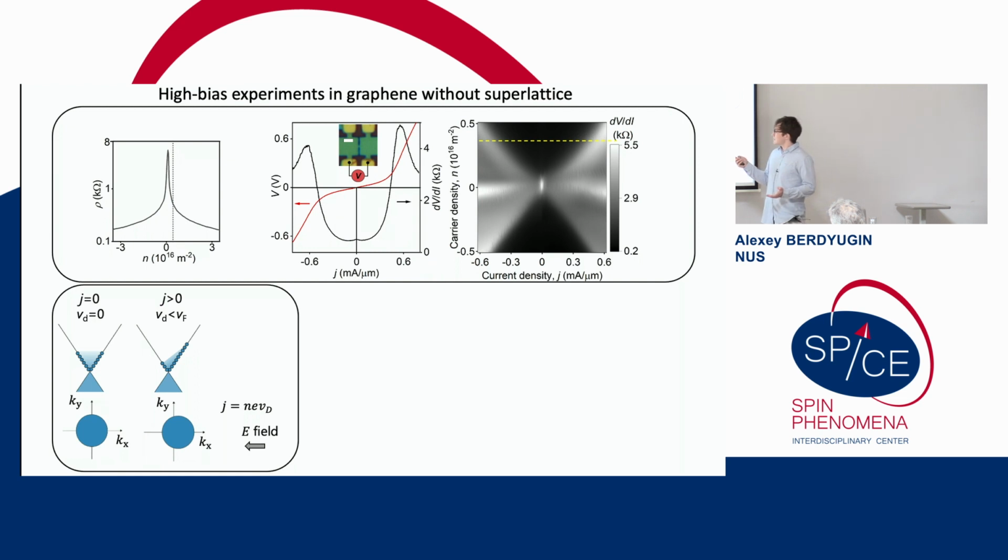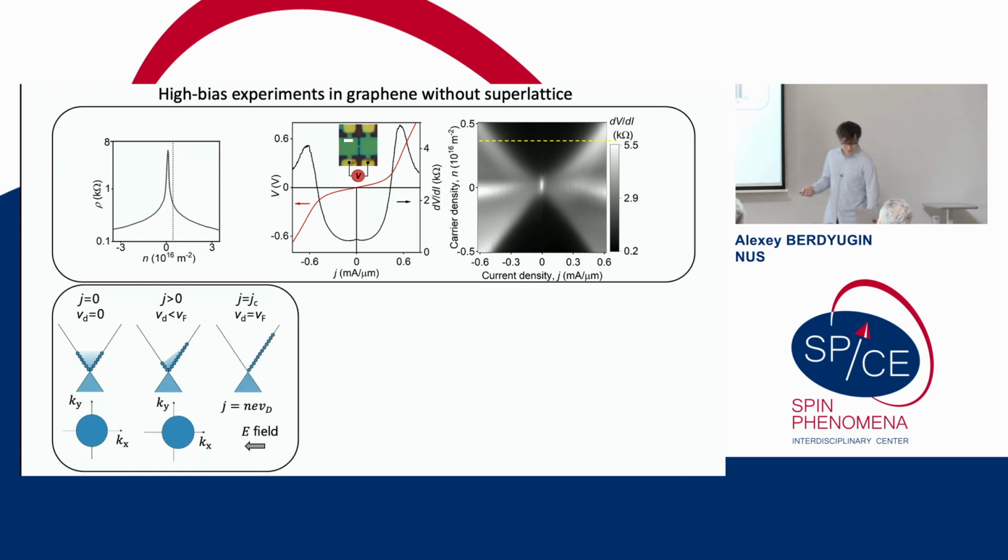This shift is typically characterized by the so-called drift velocity, which is the average velocity of electrons along the current direction. In our experiments, we observed that if we estimate the drift velocity around the transition point, it becomes comparable to the Fermi velocity of electrons in graphene.